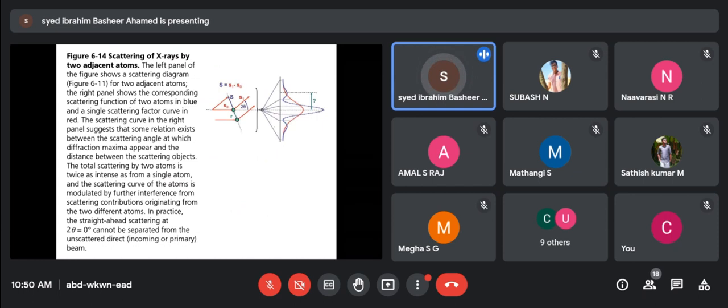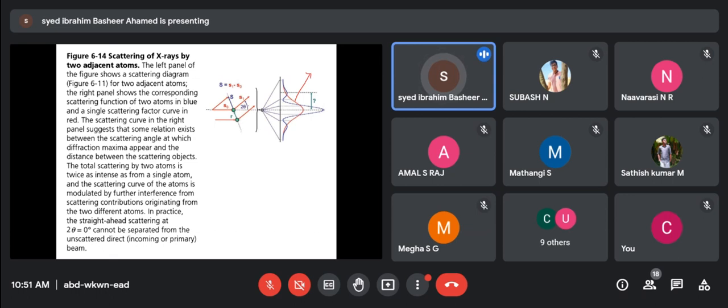So here you can see the diffraction from two adjacent lattice points. Don't say atom, it's a lattice point, okay. You can see the diffraction pattern from here and the diffraction pattern from here. The individual diffracted ray will have the intensity of the red one.